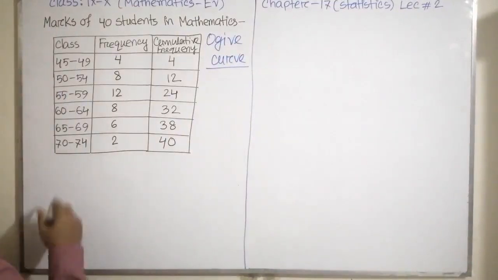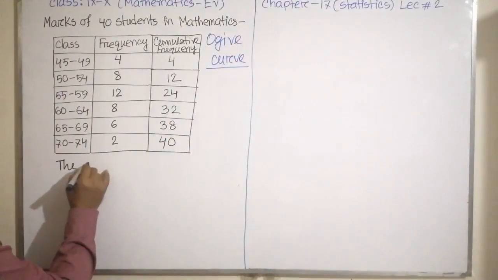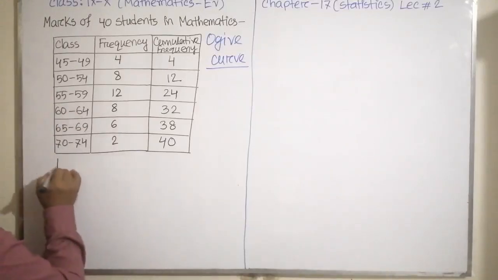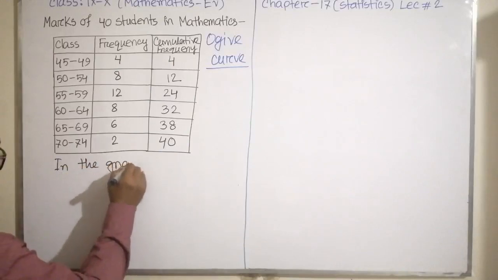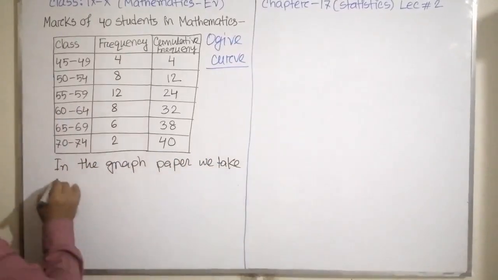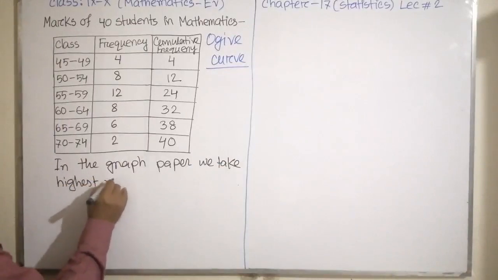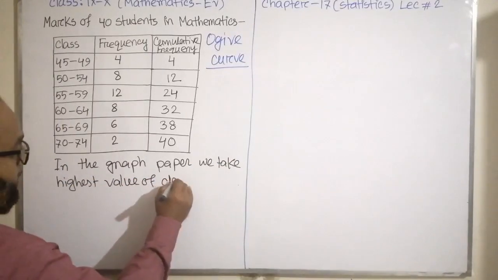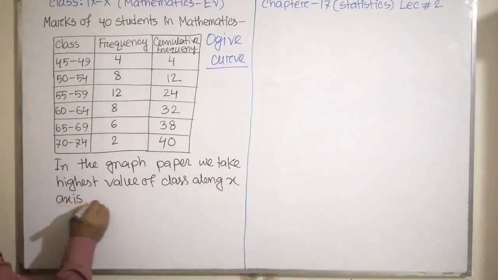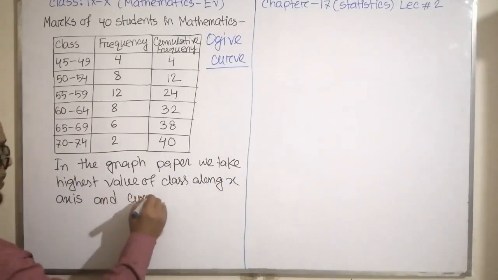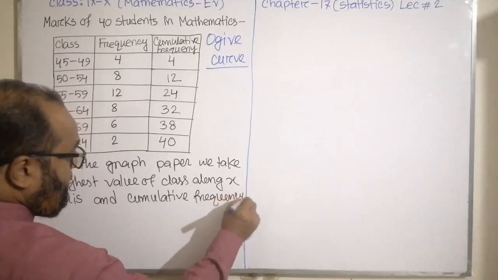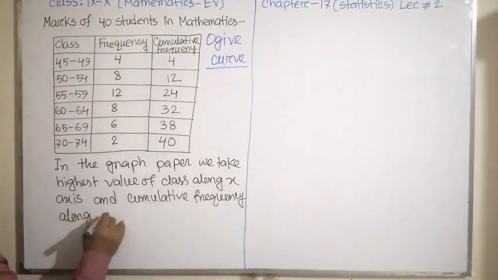In the graph paper we take the highest value of class along the x-axis and cumulative frequency along the y-axis.